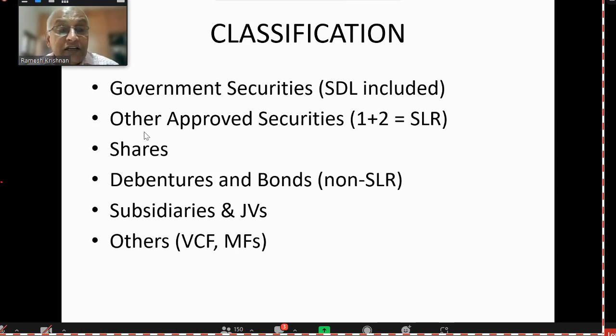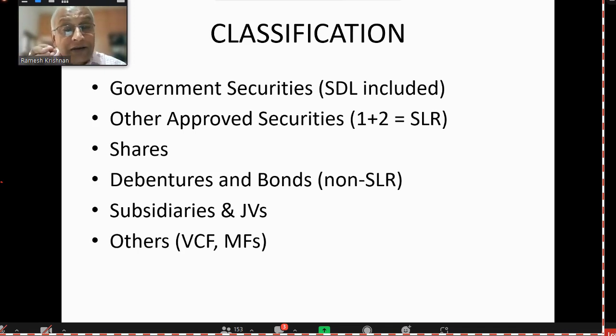But the net appreciation in share, you cannot knock off against net depreciation required in your SLR portfolio, government securities, or the net depreciation required in your debentures and bonds, non-SLR. So whatever each particular category's depreciation requirement is, that has to be added up and provided as a debit to P&L, depreciation on investments every quarter.